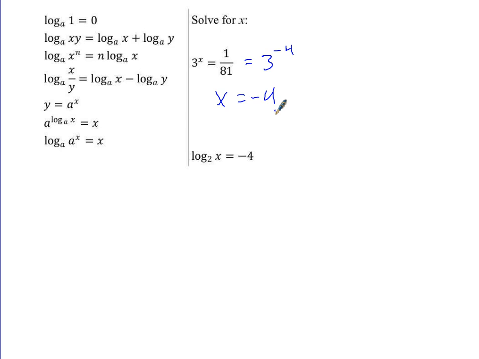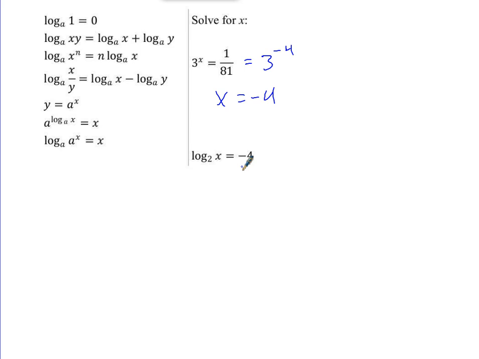Two is the base. Well, okay. So you want to apply a base of 2 to both sides, is that what you're saying?